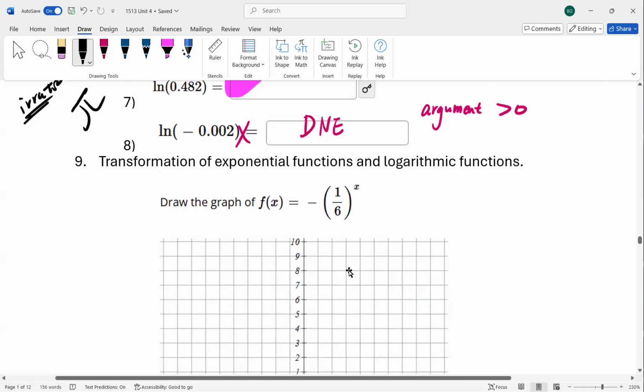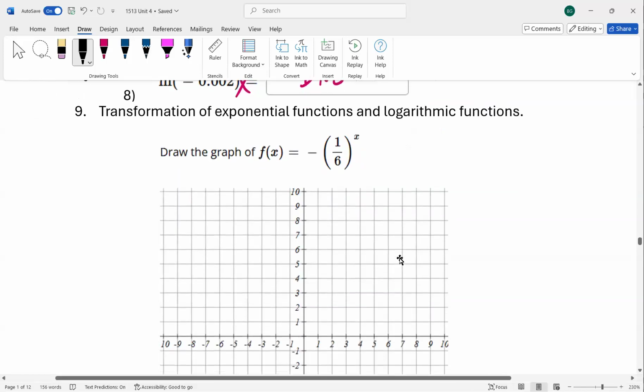Number 9, transformation of exponential functions and logarithmic functions. This topic is about the transformations of those two types of functions. Draw the graph for f of x equals negative, base 1/6, to the power of x. So this is exponential.